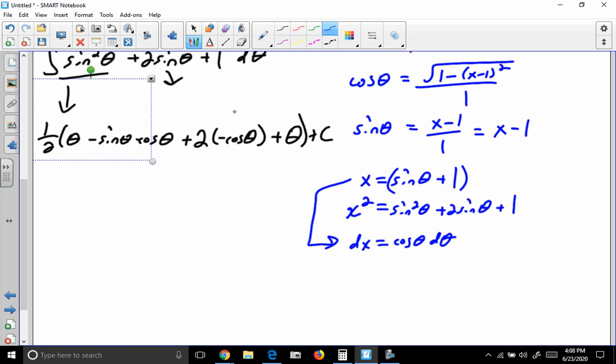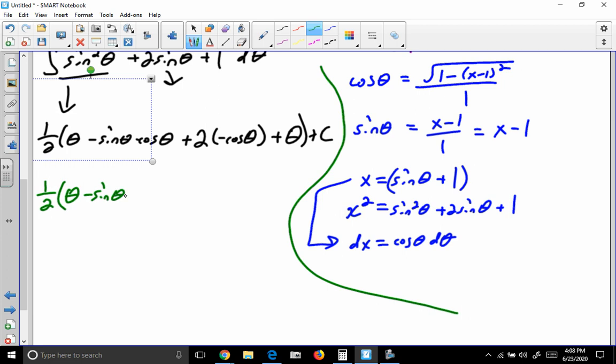Okay. So we have a 1/2 out front, times cosine. Positive times negative, so minus 2 times cosine plus theta plus c. So instead of writing plus theta again, we have a theta from here and a theta from there.